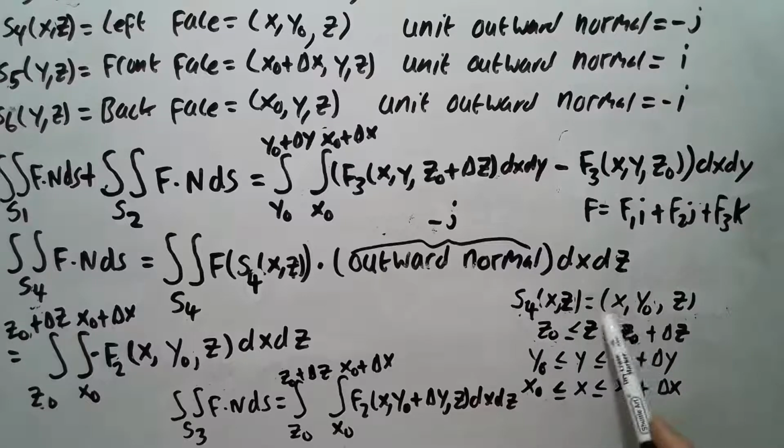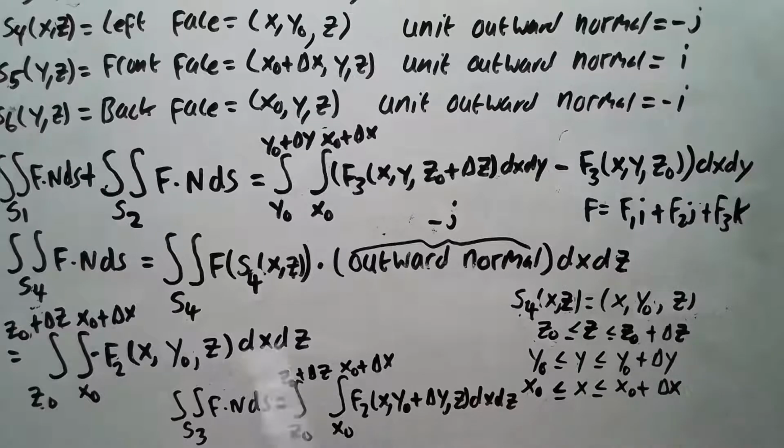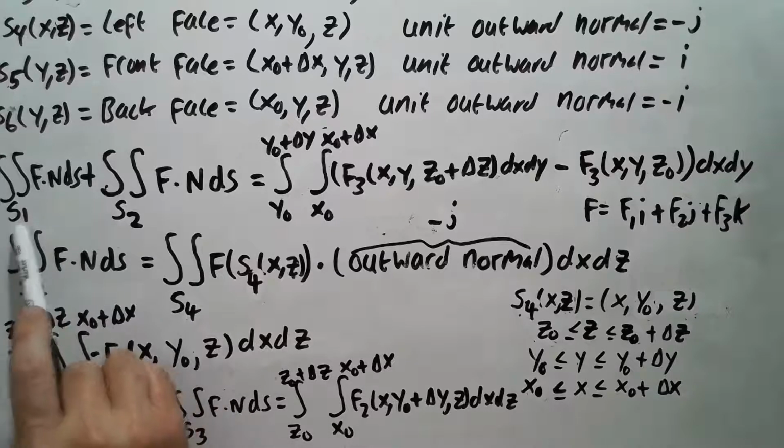And my S4 is x, y0, z. So you're going to evaluate your F2 at this point with a negative sign in front. It has the same limits as the S3 guy, which I have here. So they look similar, the same x and z limits, so we can combine these two integrals, like I did for the S1 and S2 guy up here.